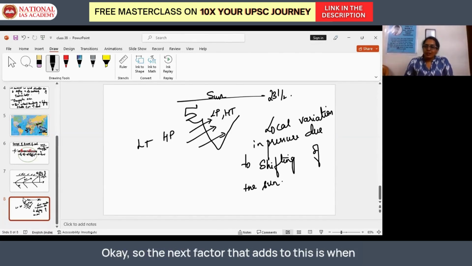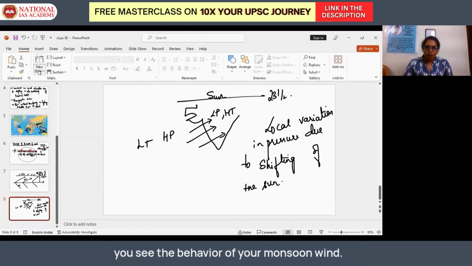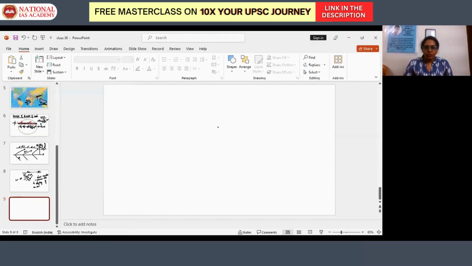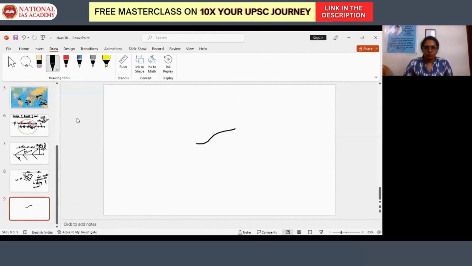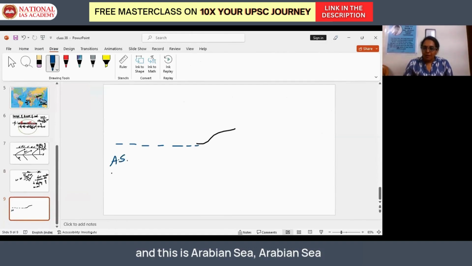Okay, so the next factor that adds to this is the behavior of your monsoon wind. If this is your India continent, and this is the Arabian Sea, the Arabian Sea is at low temperature, high pressure.